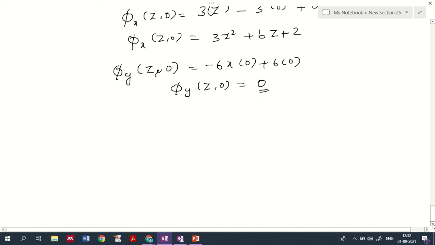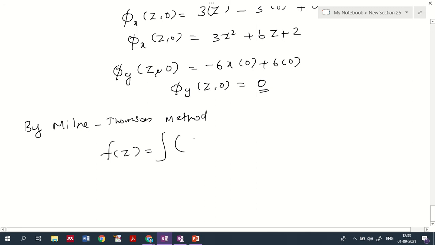Now we know that Milne-Thomson method is, okay. Now by Milne-Thomson method, so we could find what? We could find f of z is equal to what?